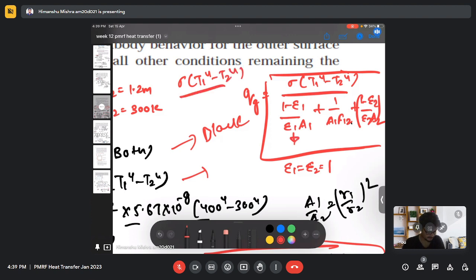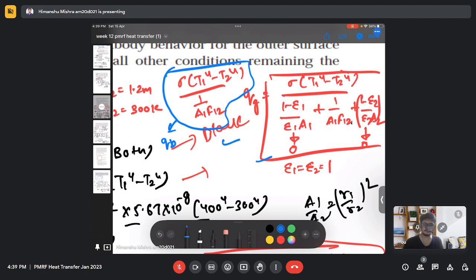The other terms will vanish and you will get only this F12. So you actually get back the heat transfer for the black body. So the units are the same.